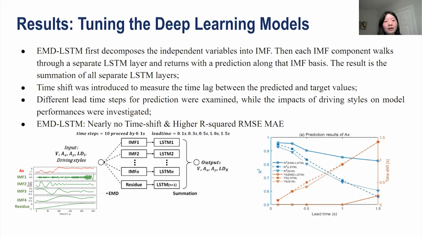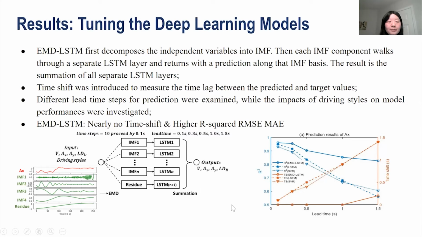One is binary, whether the driver is going to make an overtaking, yes or no. The second type of model output is a time series output, which is the next time point of the vehicle speed, acceleration, and movement. There we use the EMD LSTM, to try the different lead times, like 0.5 seconds, 1 second, and 1.5 seconds.